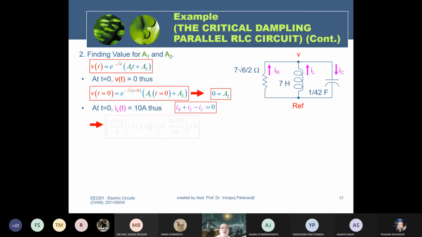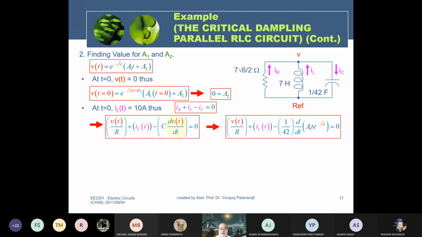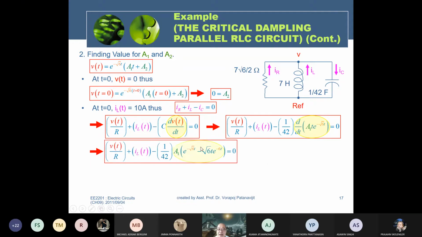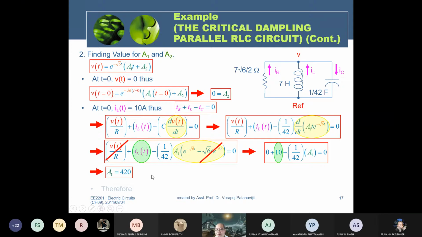Next step, you determine the inductor current at time equal to 0. Apply KCL to the top of this node and express it in terms of the capacitor voltage, and substitute it in here, except for the inductor current that you know, which equals 10 amps. Then you differentiate the first term: differentiating e to the minus square root 6 t gives square root 6.